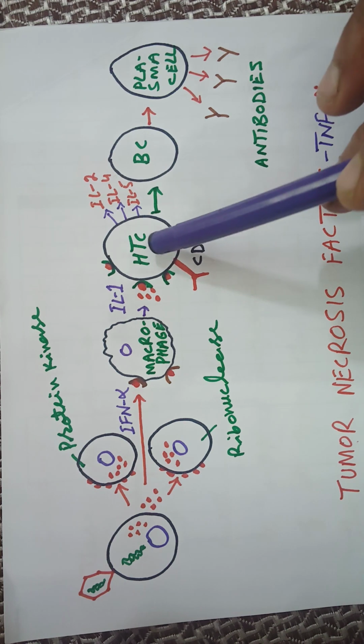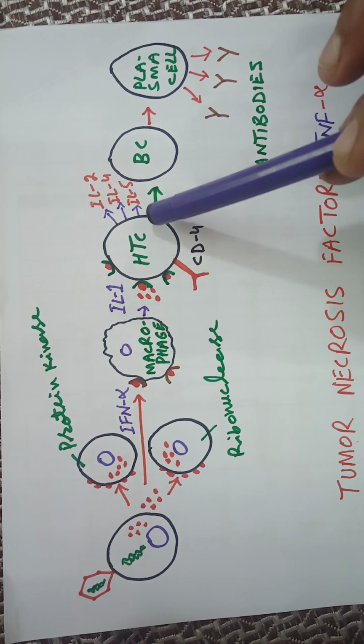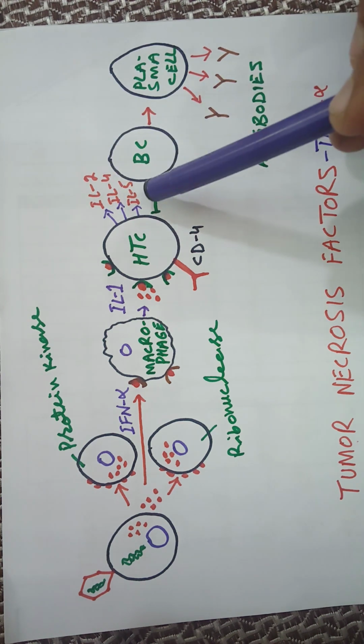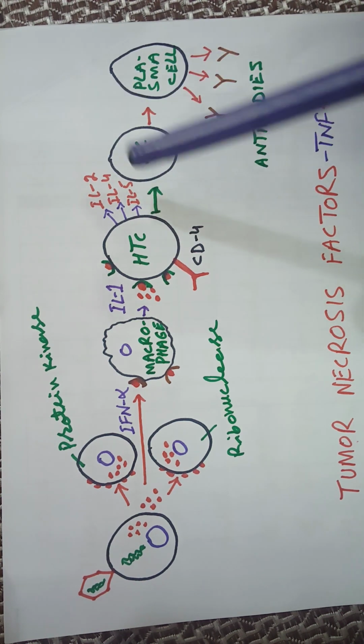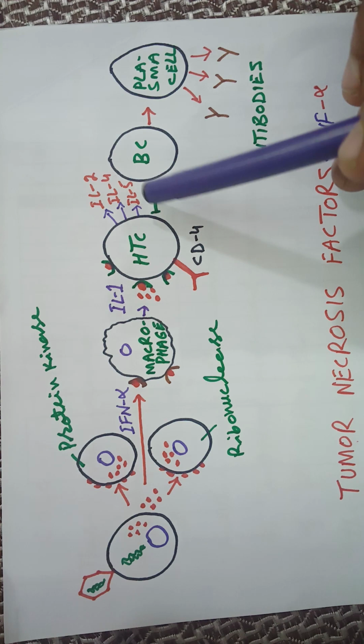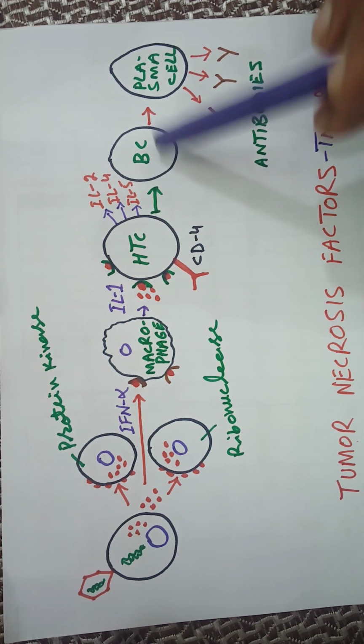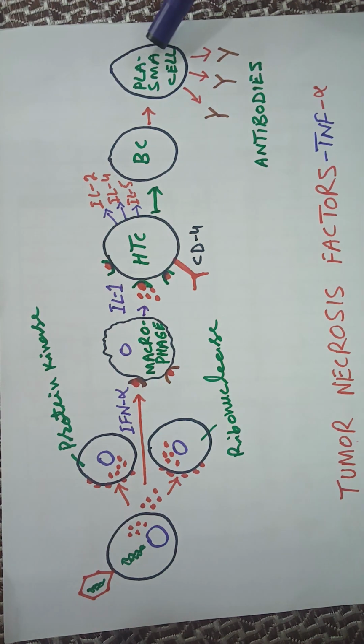The helper T cells are activated and release interleukin 2, interleukin 4 and interleukin 5. Then these interleukins attach to the B cells, B cells differentiate into plasma cells and produce the antibodies against these viruses.